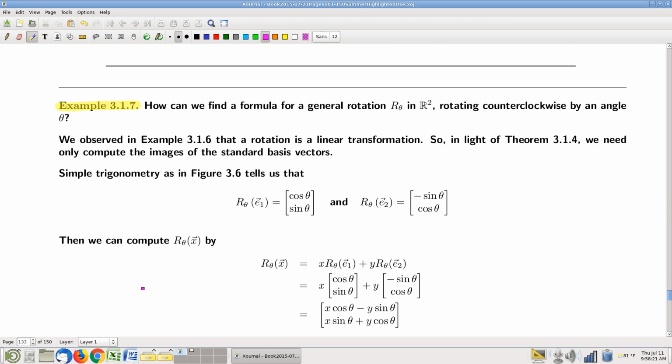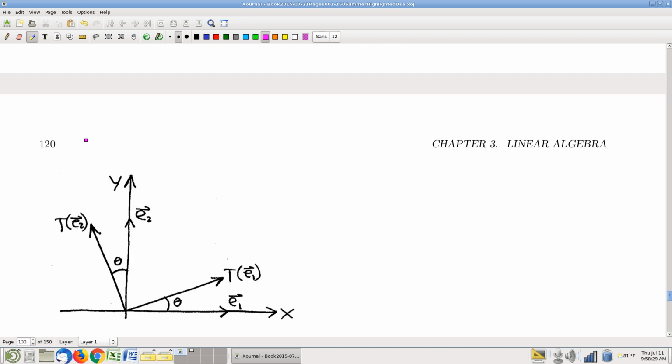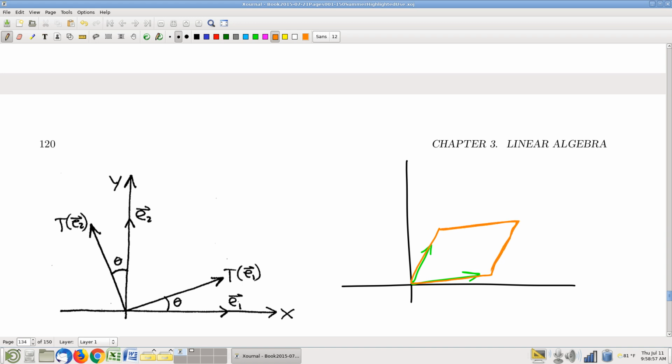Okay. I'm going to assert that rotations in general are linear transformations. I do want to draw a picture of this where I have some space. So I've got some space over here. Rotations are linear transformations. The way I'm going to demonstrate this is by drawing a parallelogram that represents a linear combination. So this is a linear combination of those two green vectors.